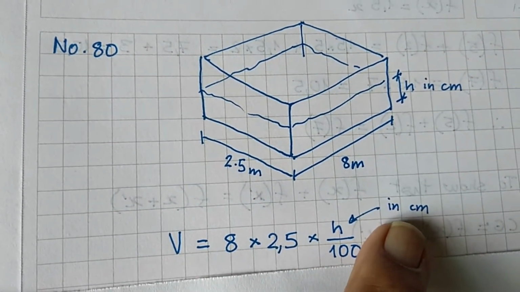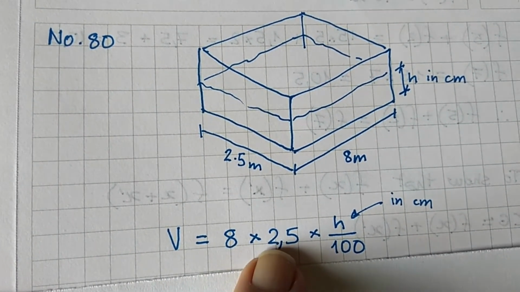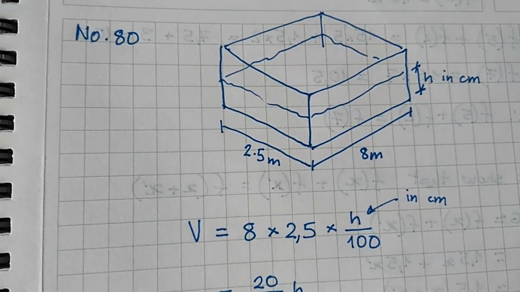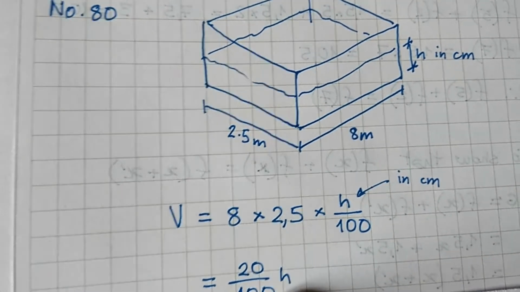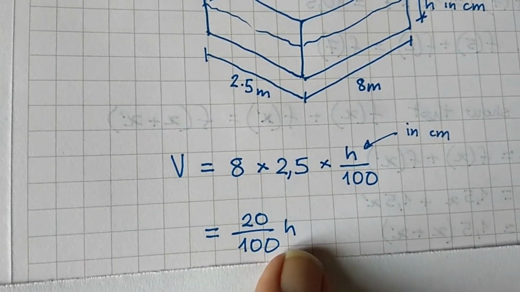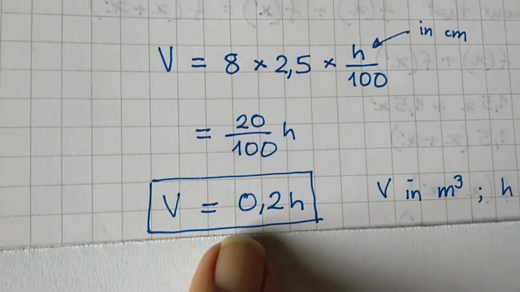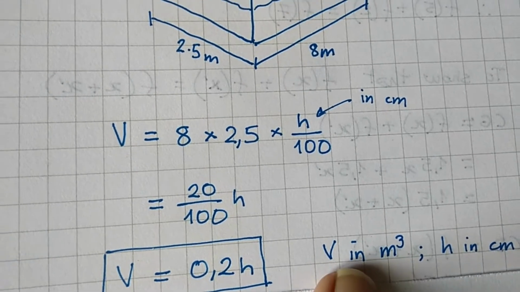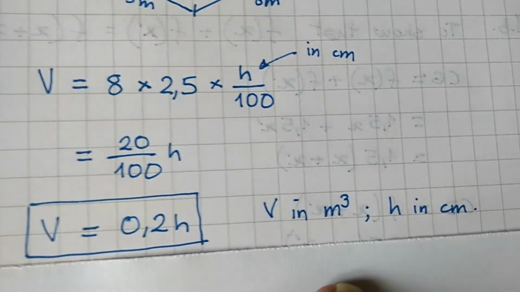We don't know what exactly it is, but it is h. But this h is in centimeters, so we divide it by 100 to get it in meters. This is in meters, 2.5 is in meters, 8 is in meters. So if you multiply 8 into 2.5, you get 20, 20 divided by 100 into h, which is V. V est égal à 0,2 h, where V is in meter cube and h is in centimeters.